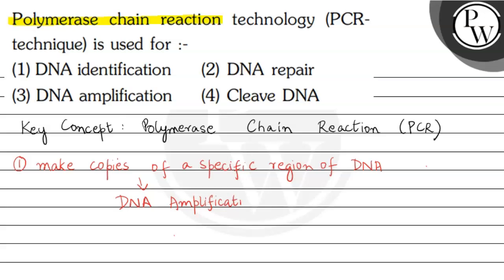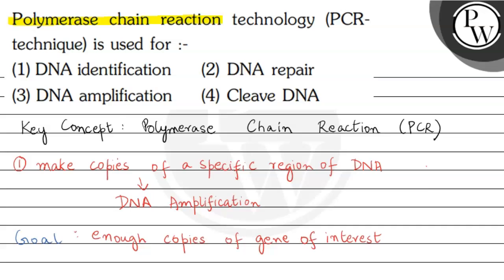So we can use PCR to amplify or to make several copies of a particular region of DNA, or we can say that it is used for DNA amplification of the gene of our own interest. So basically the main goal of PCR is to make enough copies of gene of our interest so that this can be used for several other purposes, like for DNA sequencing or for genetic engineering.